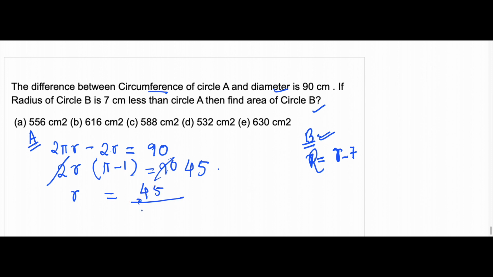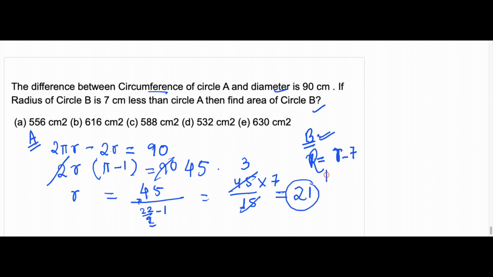Pi is 22 by 7 minus 1. So 22 minus 7 is 15. Okay, and from the denominator 7 goes to the numerator. So 15 into 3 is 45. So 21 is the radius.